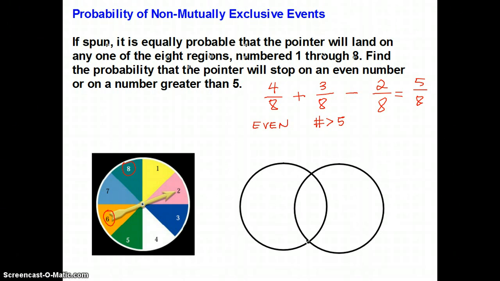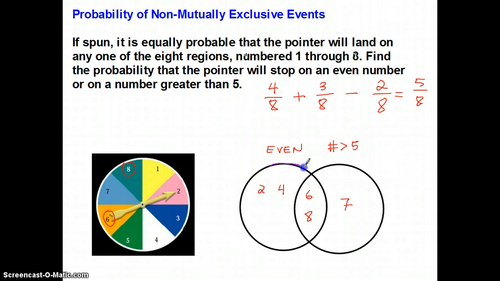Let's look at the Venn diagram to get a visual of what's going on. Here we have our even numbers. Here we have our numbers greater than 5. And right in the middle, we have the even numbers that are greater than 5. Count all these numbers, and we have a 5 out of 8 chance of getting them.